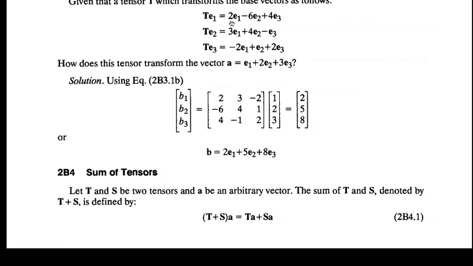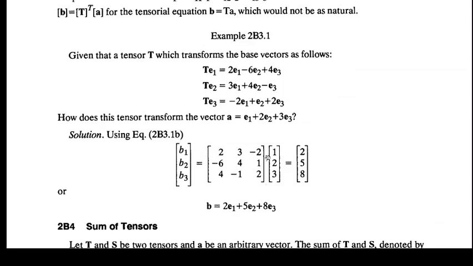T is simply 2 minus 6 4, 3 4 minus 1, minus 2 minus 2 1 2. This is a. Simply you will multiply this and you will get 2 e1 plus 5 e2 plus 8 e3. It is simple.